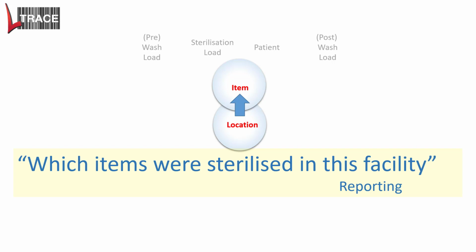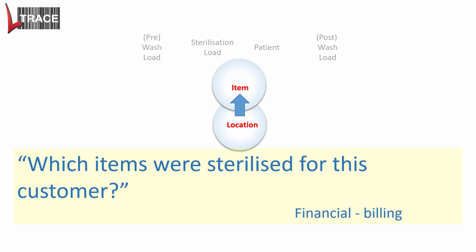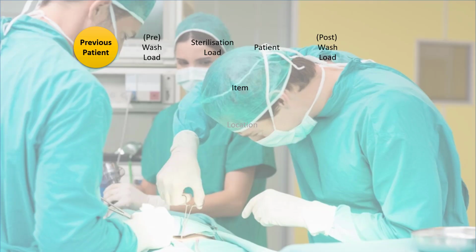Which items were sterilised in this facility? Fantastic for reporting. And which items were sterilised for this customer is a great one for your financial billing system. We've got customers who will actually charge their customers based on what's being scanned out to them.